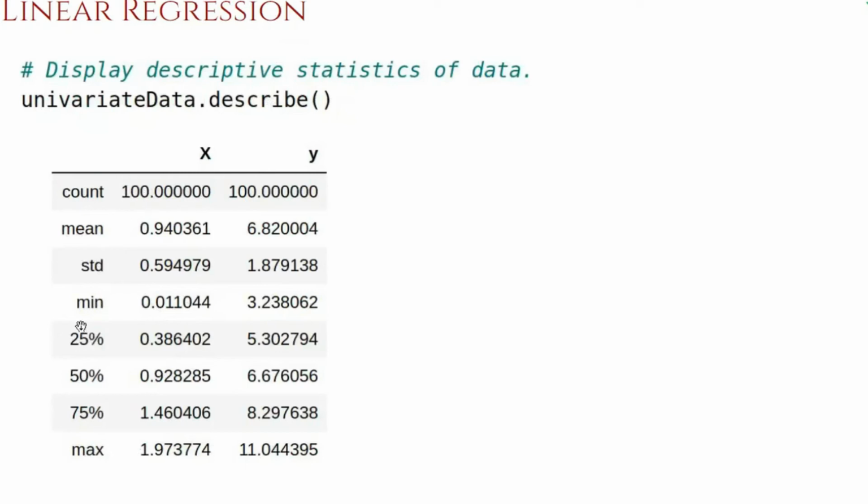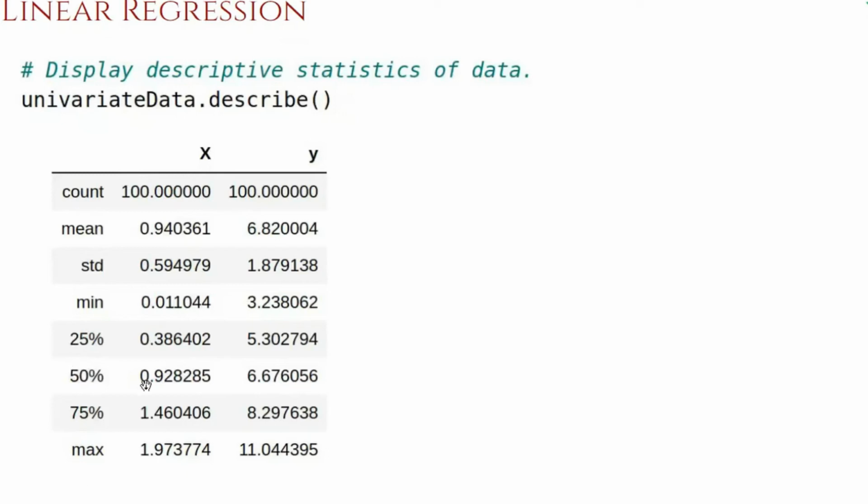The 25%, 50% and 75% are referred to as quartile information. This is called the first quartile, the 50% is the second quartile, and 75% is the third quartile. The second quartile, or 50%, has another very standard name called median in statistics.